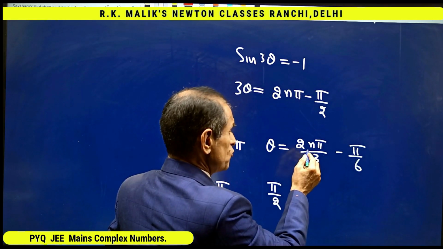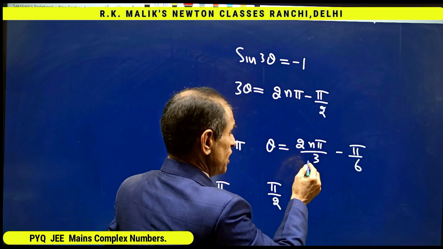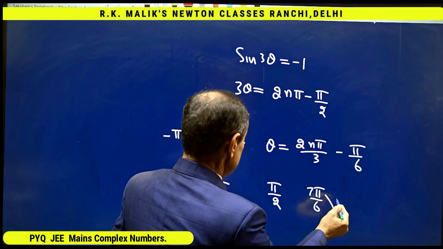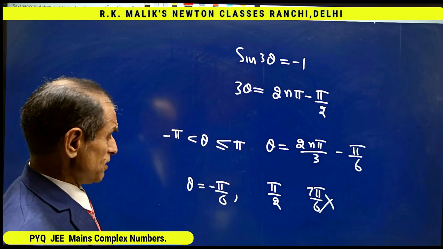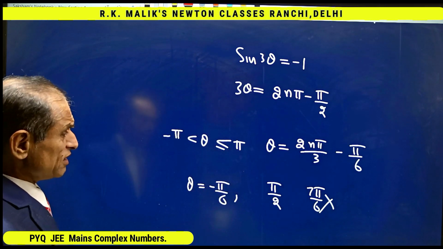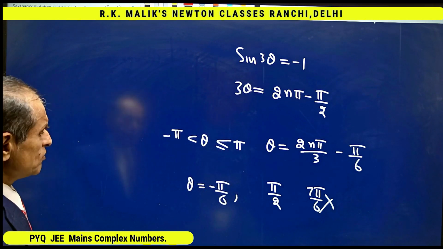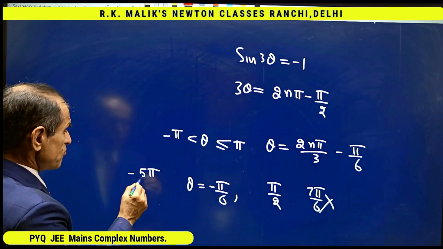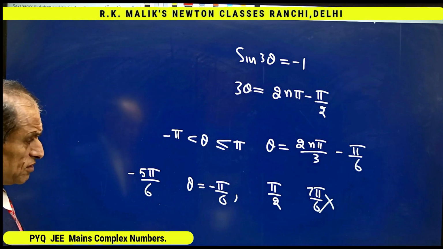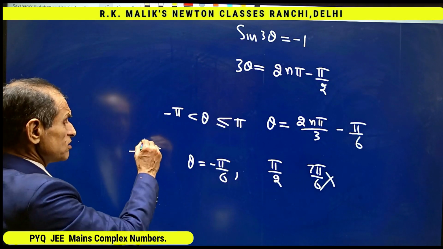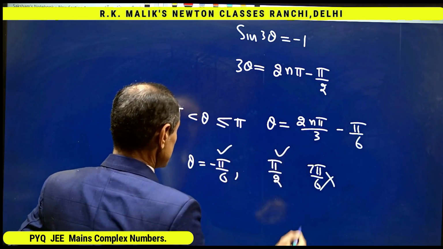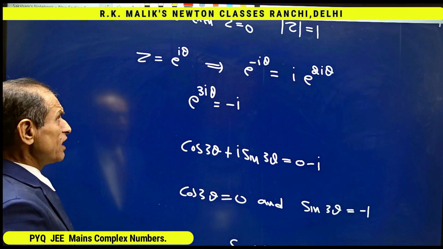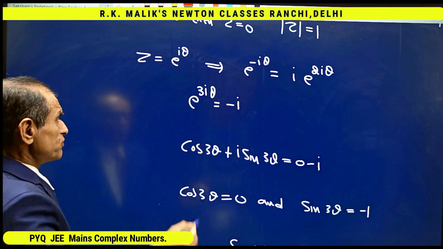If I take n equal to 2, then I will get 7 pi by 6, rejecting it because it is beyond pi. If I take n equal to minus 1, then I will get minus 5 pi by 6. Hence, I will be taking only these three values of theta and get three possible values of z.